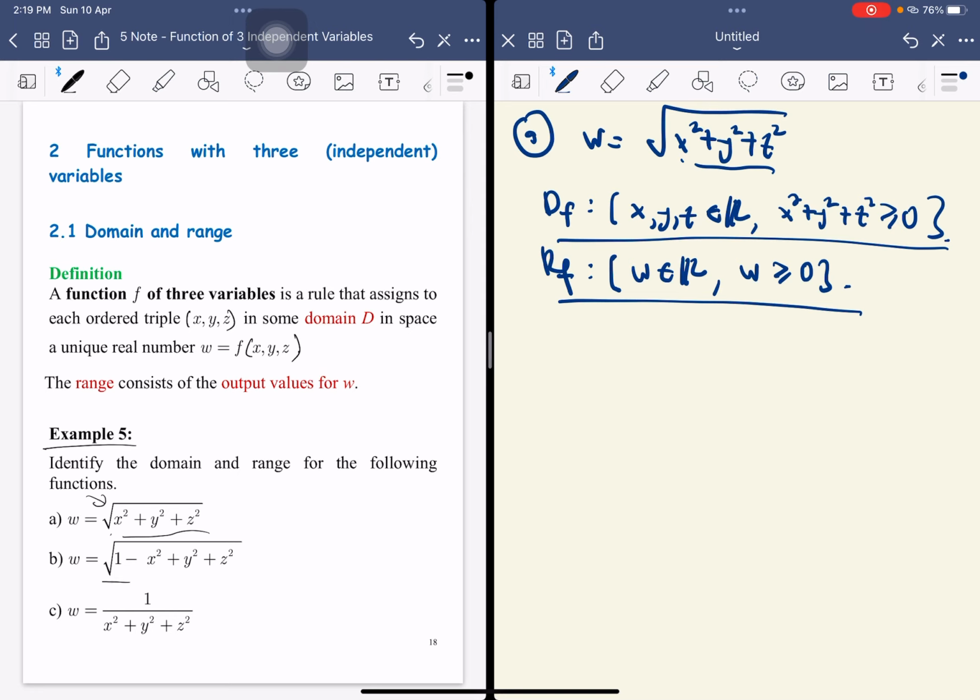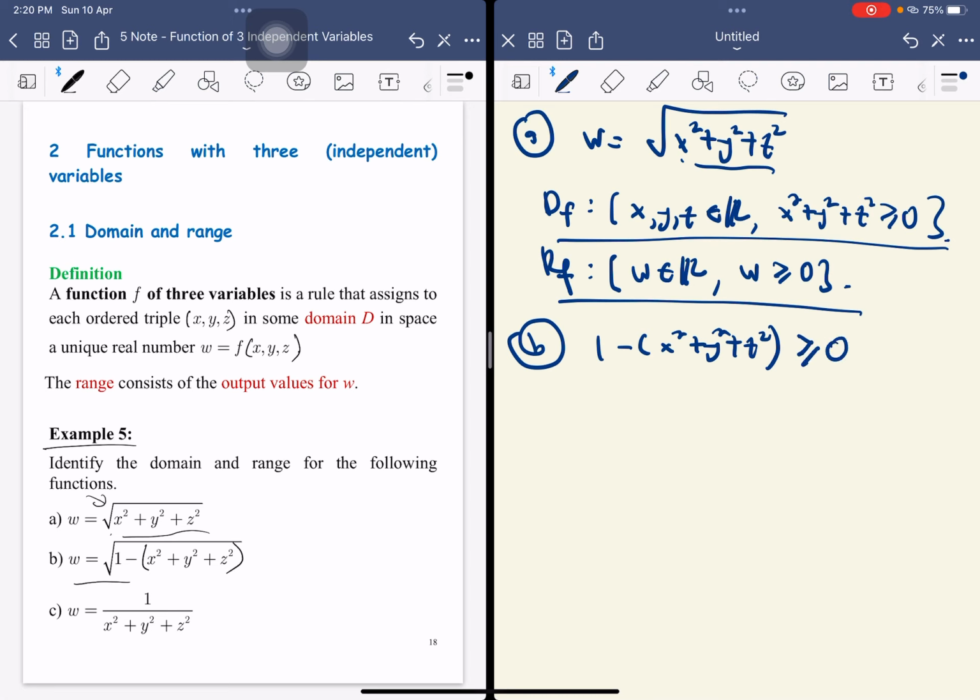Let's see part B, for example. Here we still have a square root term, but with a bracket. The domain is where the term inside, 1 minus x squared plus y squared plus z squared, is greater than or equal to 0.